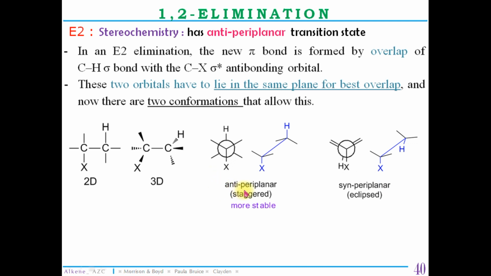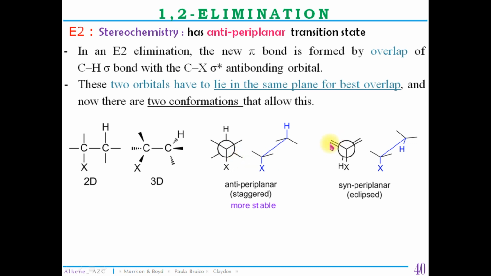Here is the representation of anti-periplanar or staggered conformation, which is more stable because bulky groups are far apart in this staggered conformation than in this eclipsed conformation. As we can see here, these methyl groups, which are bulky, are nearer to each other in the eclipsed conformation, while in the staggered conformation they are away.